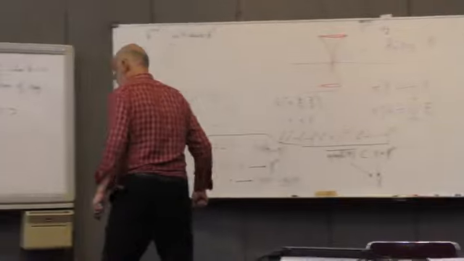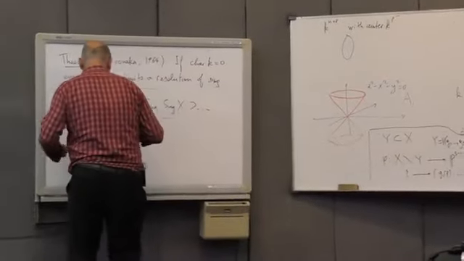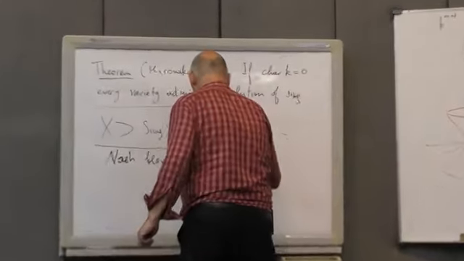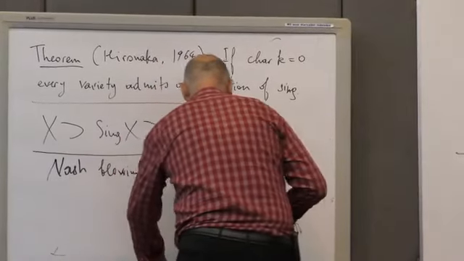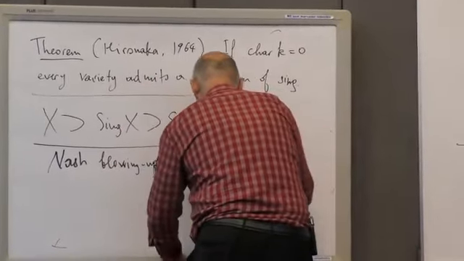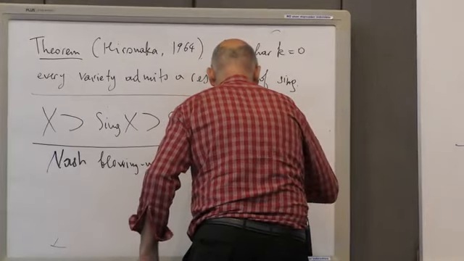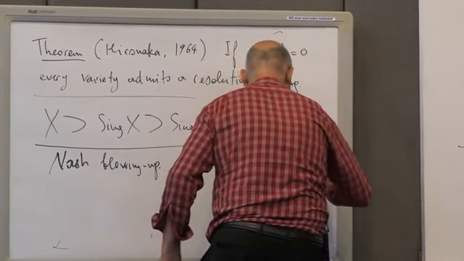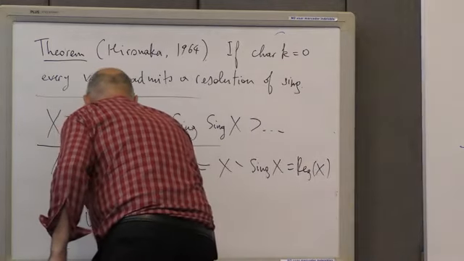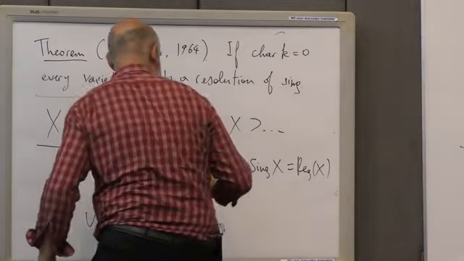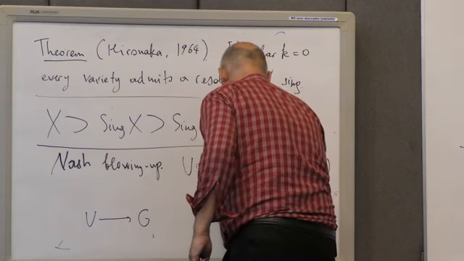So what Nash suggested was the following. Let U denote the non-singular locus of X. That's the regular locus of X. And let's consider the Gauss map to the Grassmannian. So let me change notation.